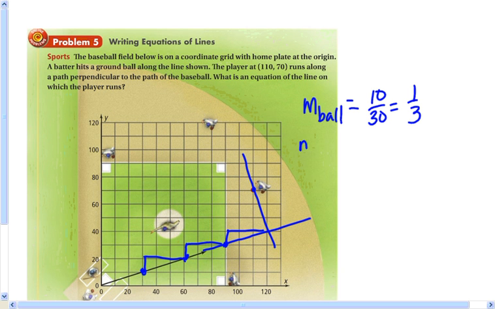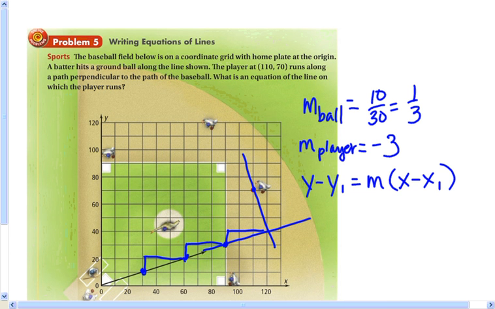Now the slope of the player, we want that to be on the line perpendicular. So it needs to be the opposite reciprocal of 1/3, which is negative 3. And then for the equation of the player, we're going to use point-slope form. Substitute in values.